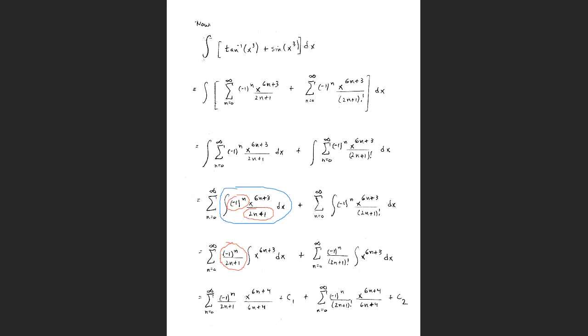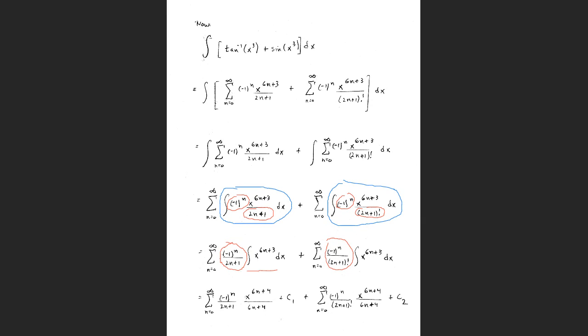Similarly, for the second power series, very good, the -1 to the nth power and 2 times the quantity 2n plus 1 factorial can be brought out in front of that integral. And so you're left with this then.